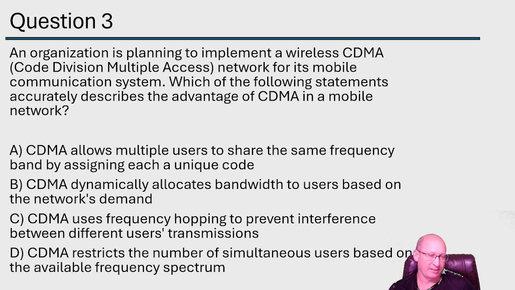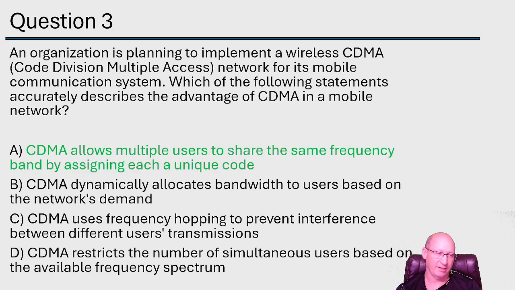That is a whole other technology. That's what we call DBA, not doing business as, but dynamic bandwidth assignment, something like that. DBA does that, and so we know it's going to be A.